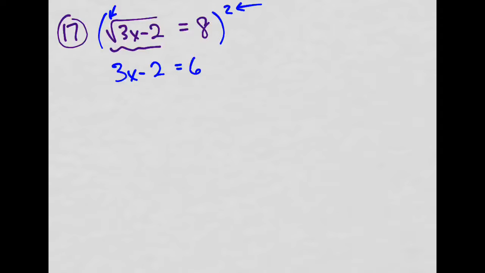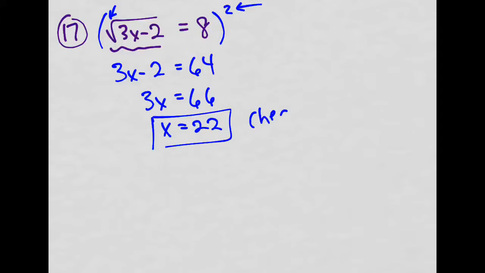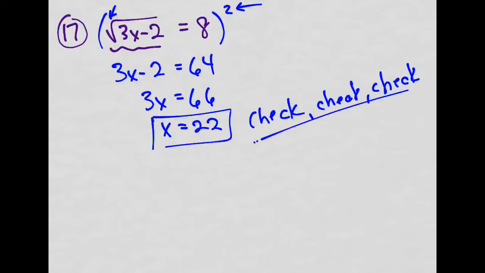And then we solve. And I'm not going to do it here, but I'm going to remind you, check, check, check. Right? Because if it doesn't work out, then you have an extraneous solution. Doesn't work out right there.